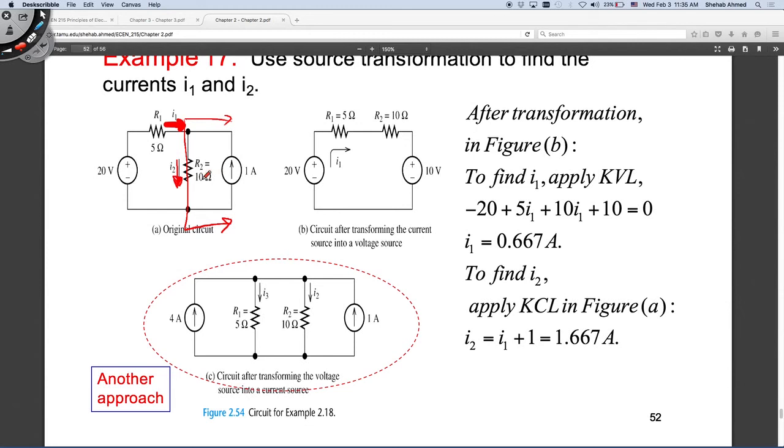I know that I can convert a Norton equivalent circuit to a Thevenin equivalent circuit. What's the Thevenin equivalent voltage source? V equals IR. Right? Thevenin equivalent voltage source will be the Norton current, which is 1 amp, multiplied by 10. So the Thevenin equivalent voltage source will be 10 volts. Right? So this is where I split the circuit.